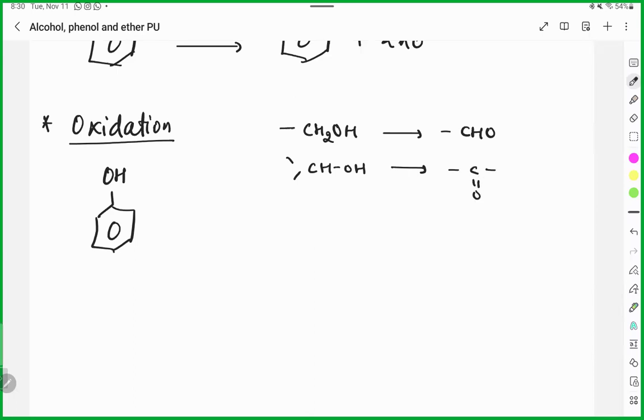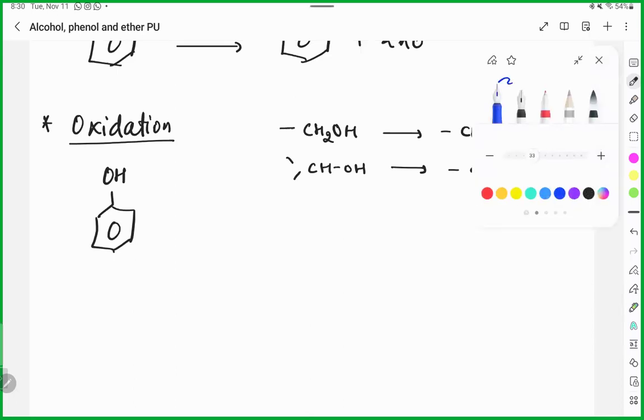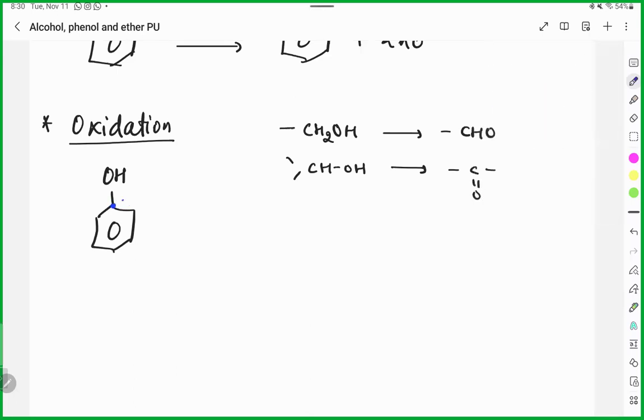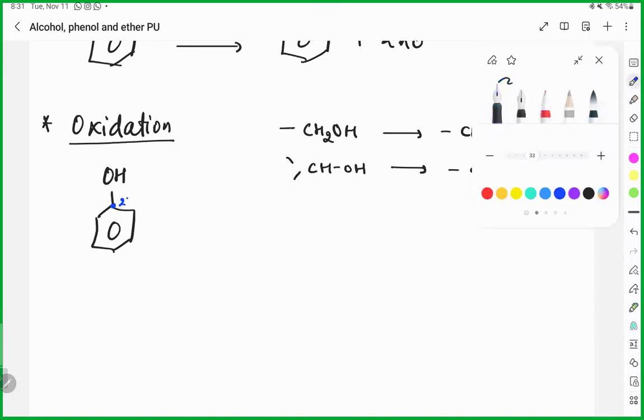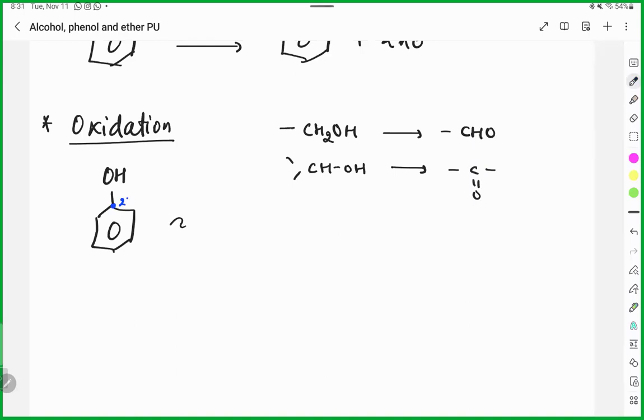Here, in phenol, where OH is present, it is attached to a secondary carbon. This is a secondary carbon, right? And if it is attached to the secondary carbon, what will happen? Ketone will be formed because of the oxidation.